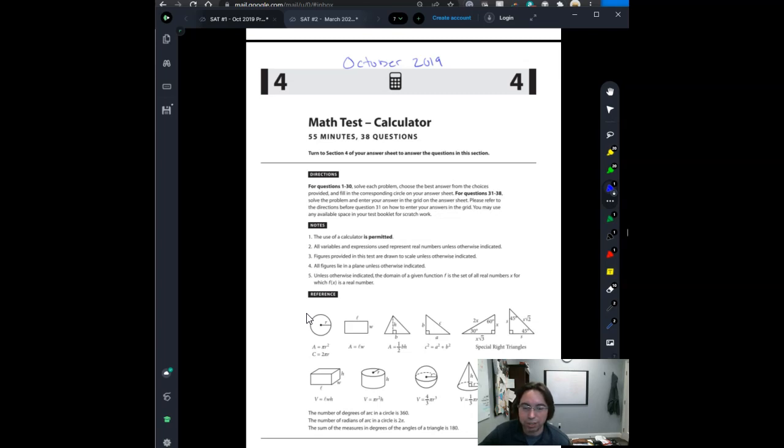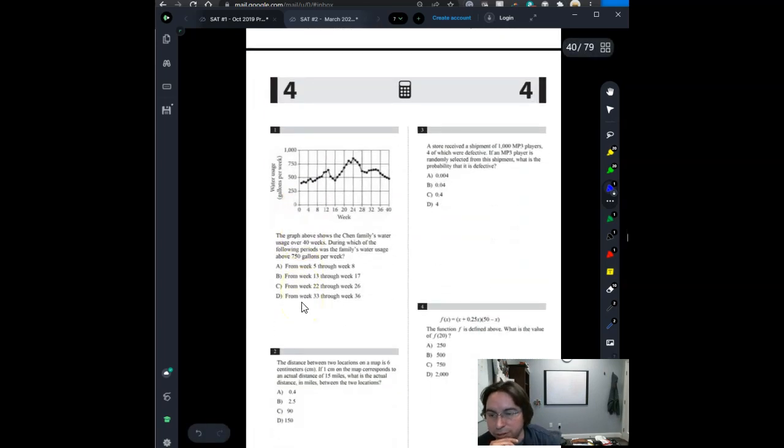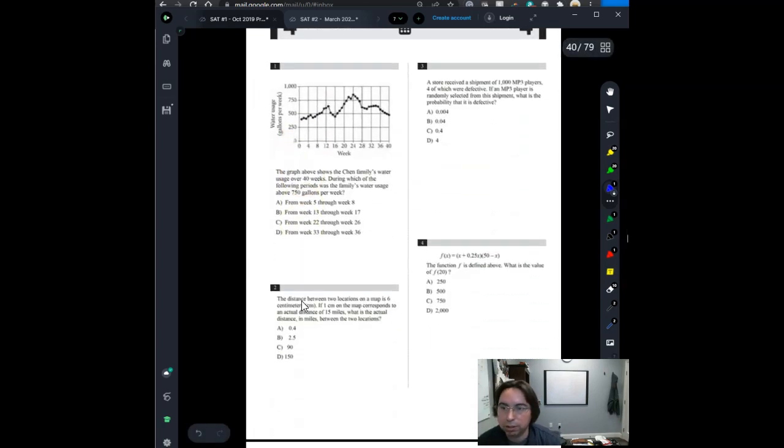We're going to be going through section 4 and walking you through the solutions for this test. As we begin, the first one we're looking at is a graphing data interpretation type problem. It asks during which of the following periods the family's water usage was above 750 gallons per week.